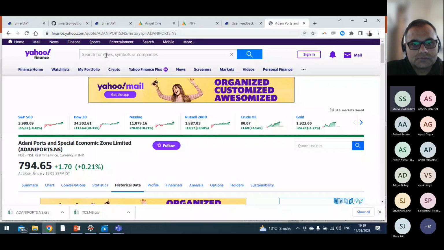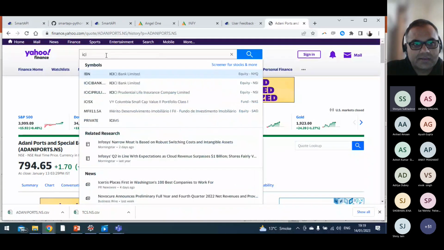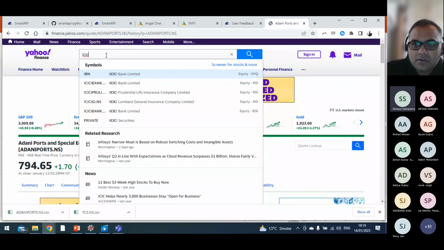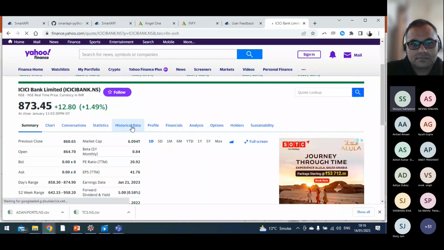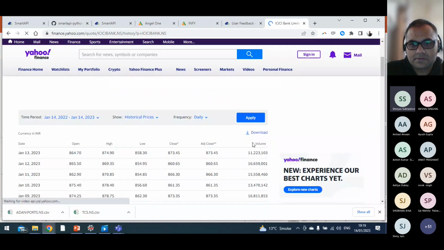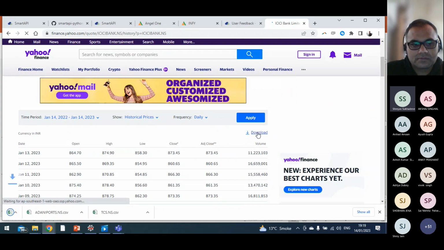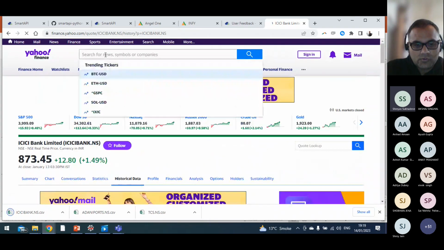Let's go with ICICI. NSE. And one more, let's take a controversial stock, Yes Bank.